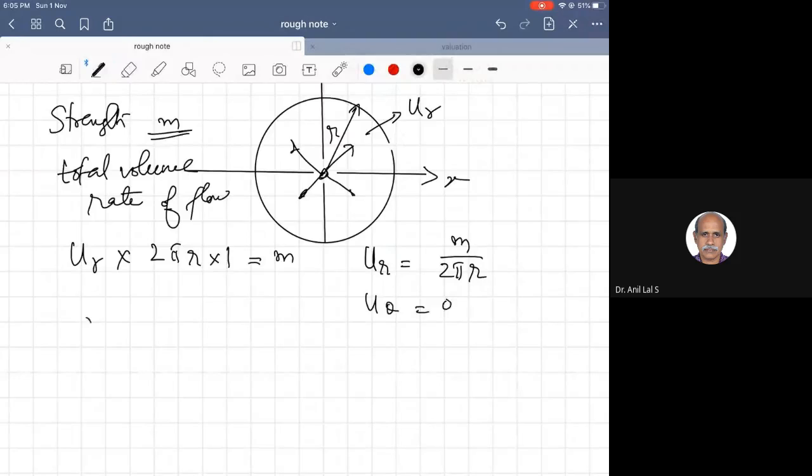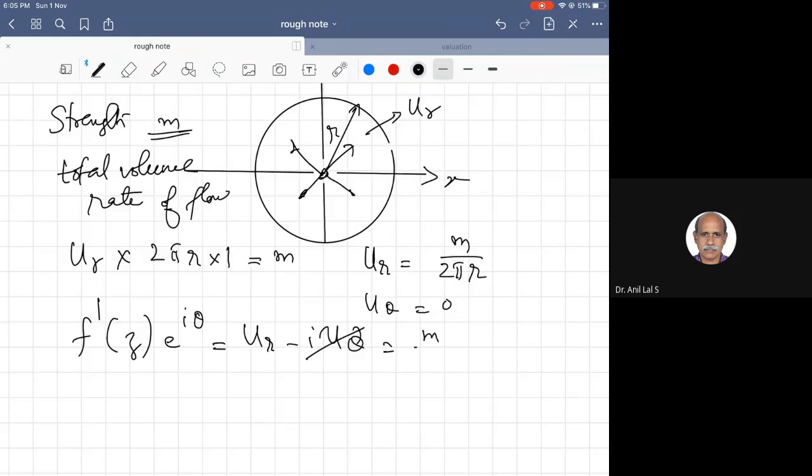So the better equation for deriving f(z) is f'(z) into e raised to i theta, which you take as u_r minus i u_theta. This is in terms of u_r and u_theta. So this is 0, and instead of u_r we can substitute m by 2 pi r.